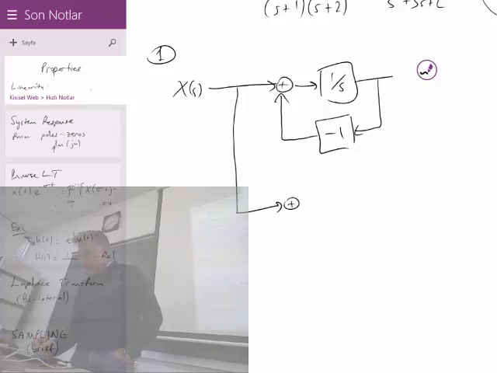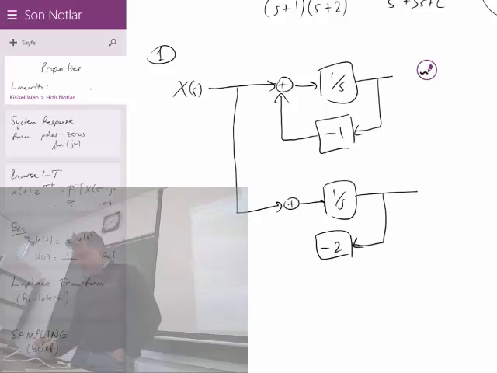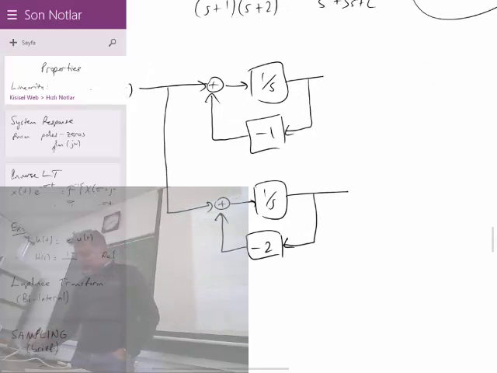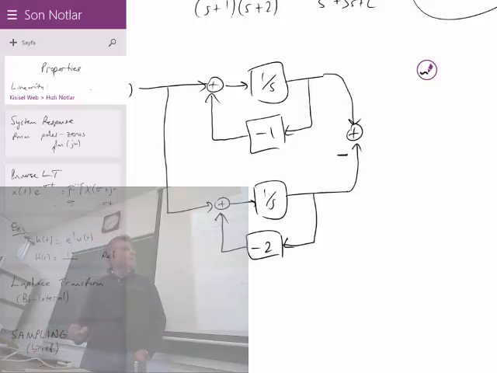Now, I'm going to draw 1 over s plus 2, the second term. Therefore, we have a minus 2 here. This is 1 over s plus 2. And what I need to do is take this one and this one and subtract the second one. And the output is y of s.